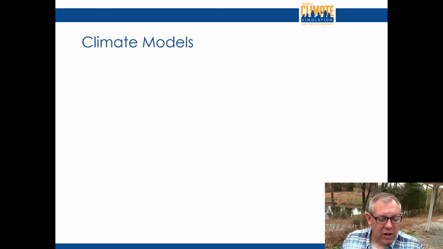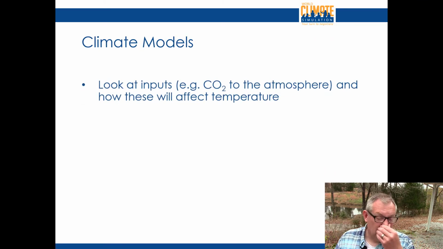And so for climate change, we look at lots of different climate models, and I'm no expert on this, but this is a huge, enormous field of study. But you look at inputs, carbon dioxide to the atmosphere, things like that, and you ask, how will they affect temperature? That's the basic idea: we're trying to predict how changes that we make will influence temperature.